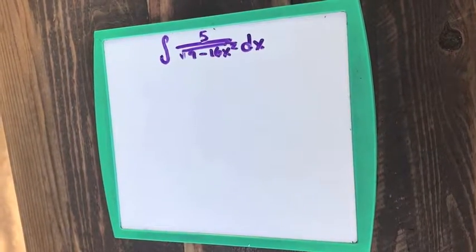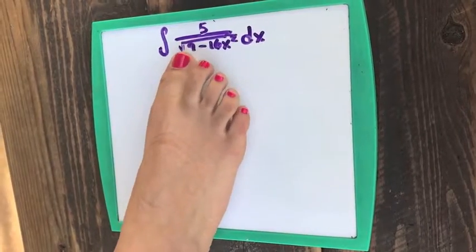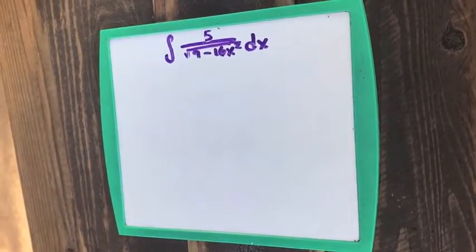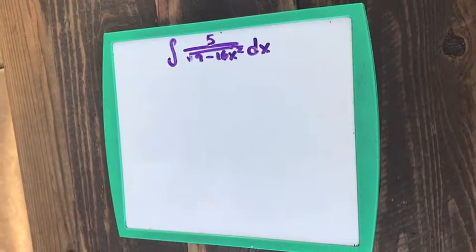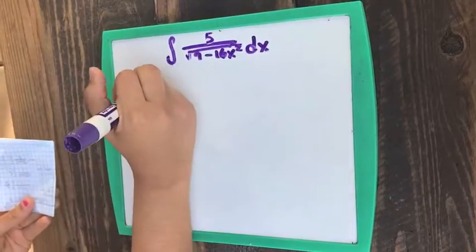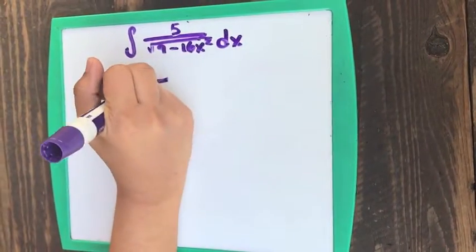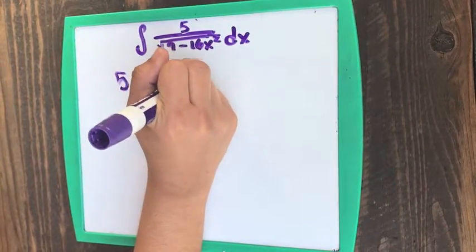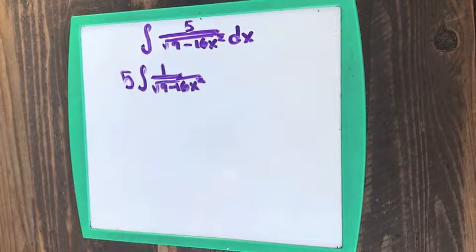In the integral, when there is a square root in the bottom, and the order is the number minus the function squared, that equals the square root of a squared minus u squared, which is identified as an arc sine problem. To start, we can take the 5 out of the integral because it is a constant. So it would be 5 times the integral of 1 over the square root of 9 minus 16x squared dx.